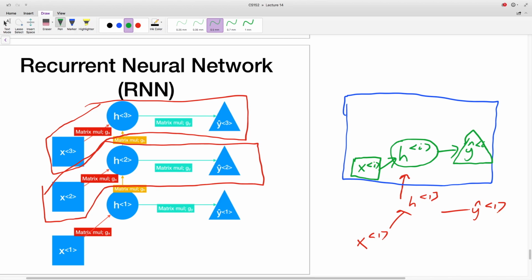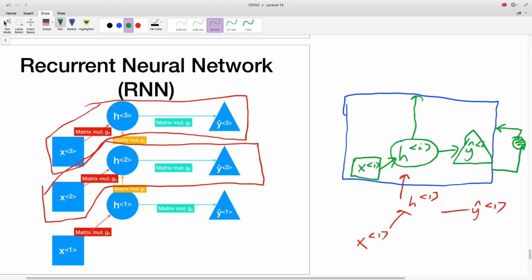So one way we could do that would be to repeat this, delayed by one time step. So we can repeat this over and over again. And I guess we'll show this going up there.